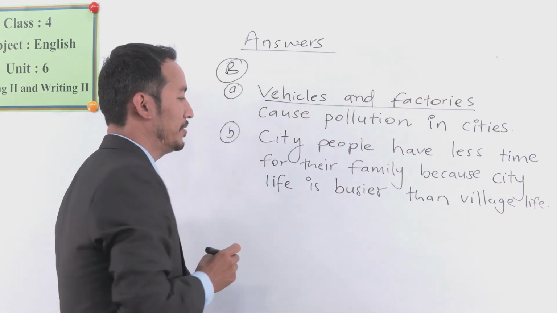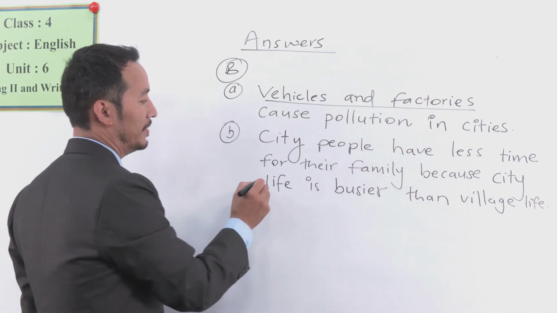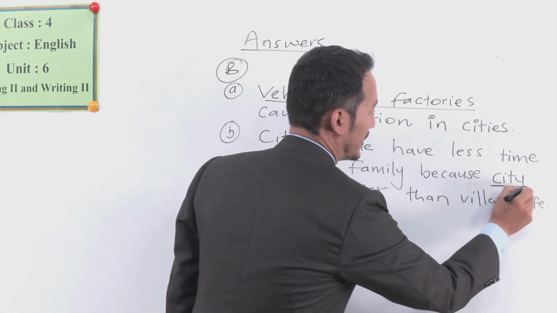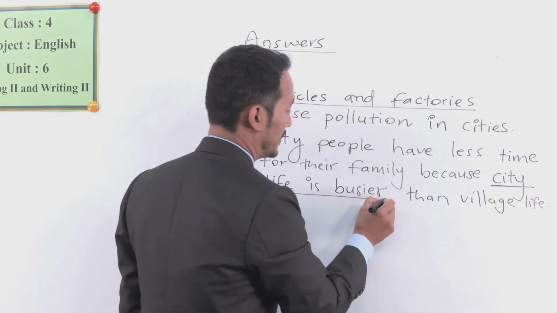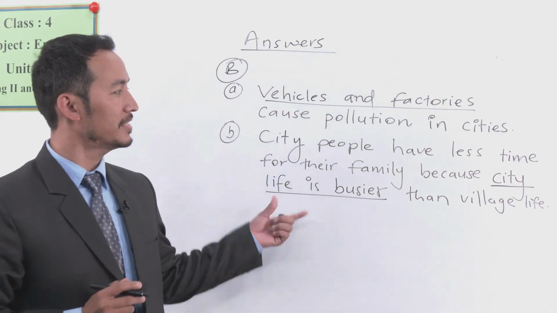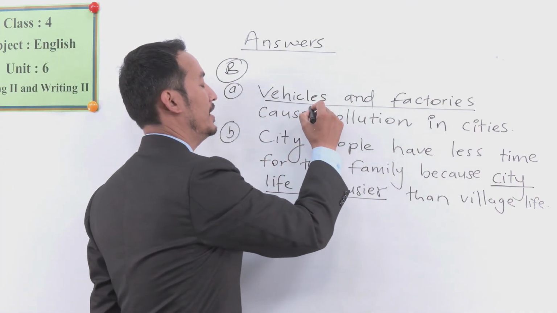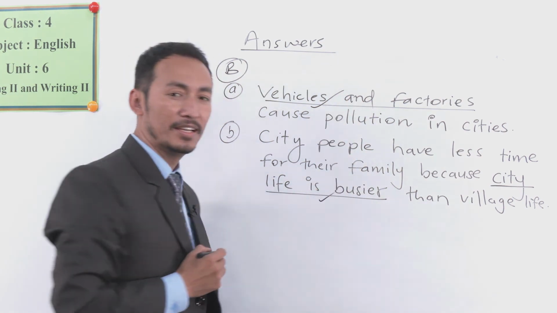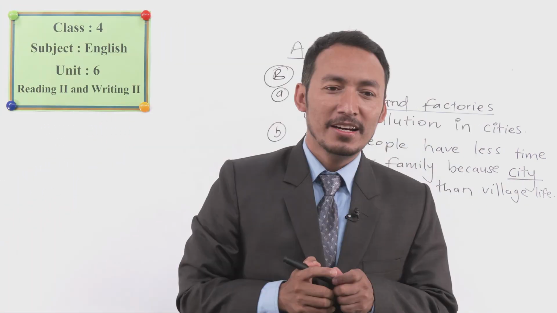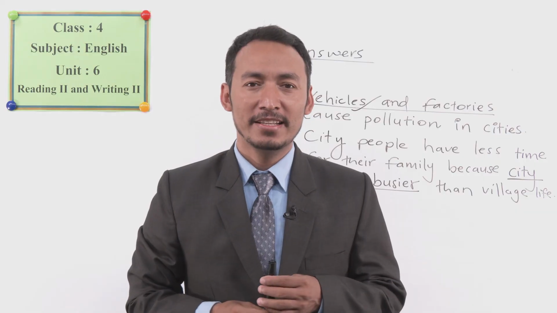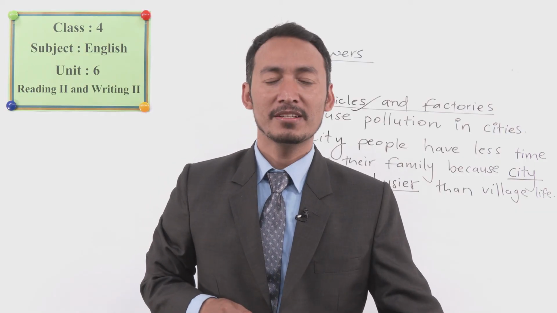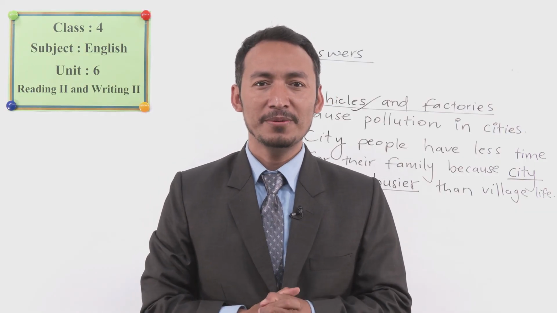Now you can even write the key answer, that is, city life is busier. Students, if you cannot write the full answer, you can write only the underlined ones as well. Okay, that's how you can write the rest of the answers. Okay, students, can you do it now?